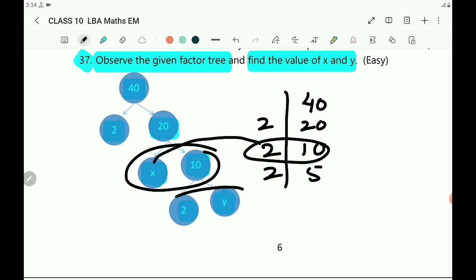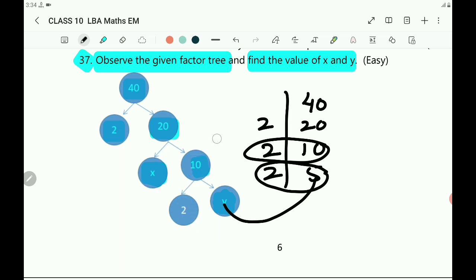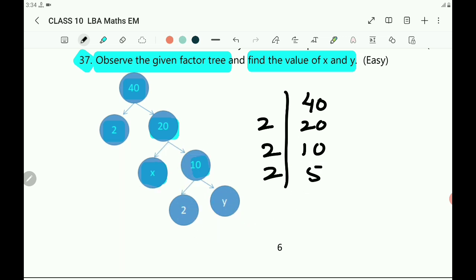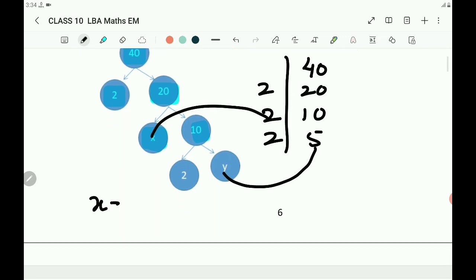Then in the third step 2 into y is there. Therefore y must be equal to 5. So what are the values of x and y? x equals 2 and y equals 5. So you write x equals 2, y equals 5.